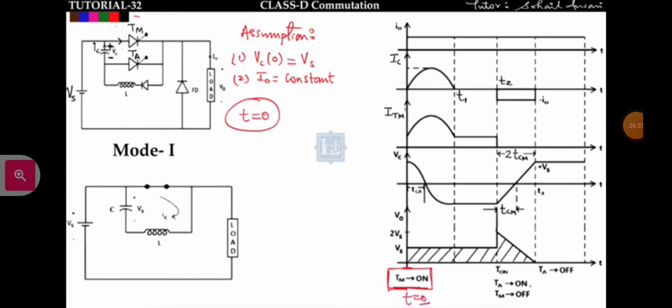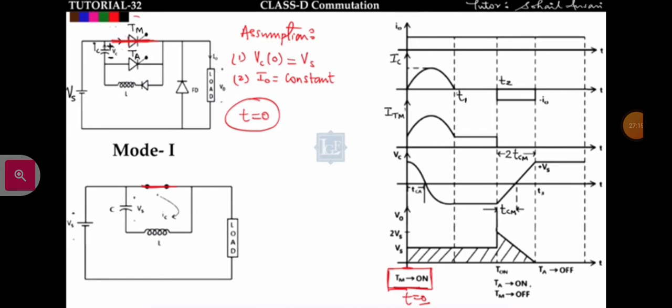The moment the main thyristor is on at t equal to 0, it will be shorted, like this. The auxiliary thyristor we have not turned on, so it will be off. So this capacitor will discharge through Tm, the main thyristor. The diode will be in forward bias because the positive plate of this capacitor is connected with the anode, so the diode will be shorted, and this inductor. So overall this is the discharging LC circuit.